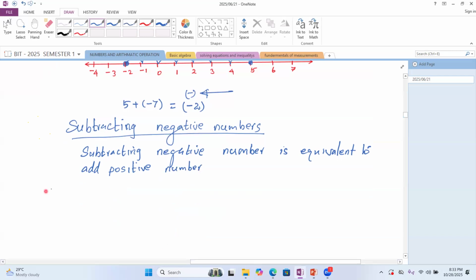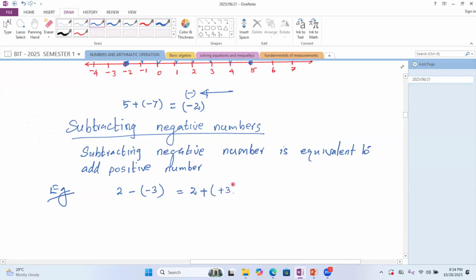For example, 2 minus negative 3. Subtracting a negative number is equal to adding a positive number.